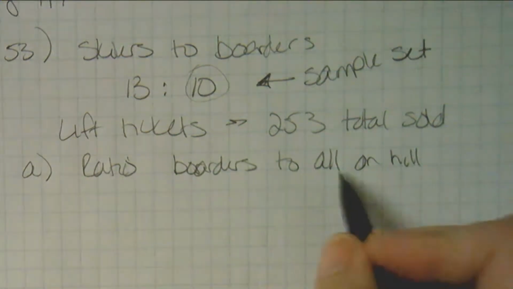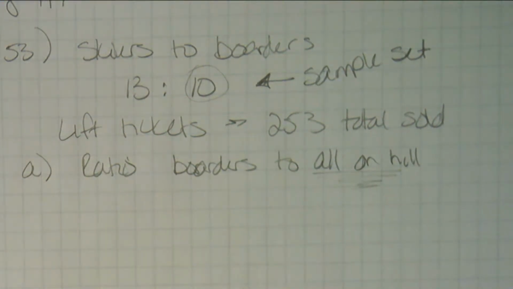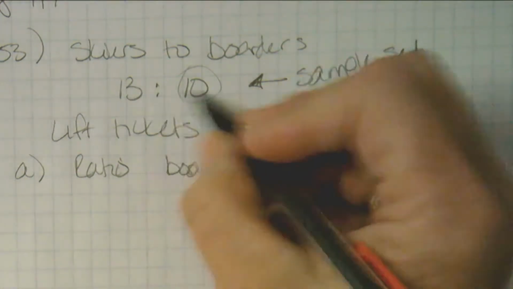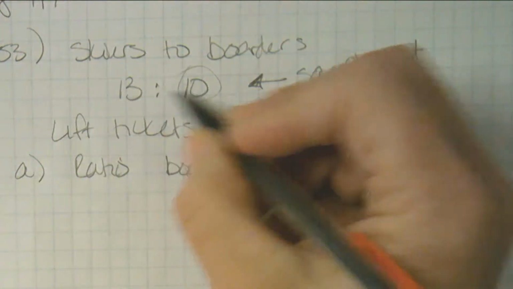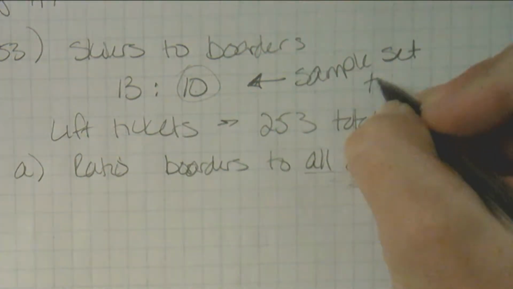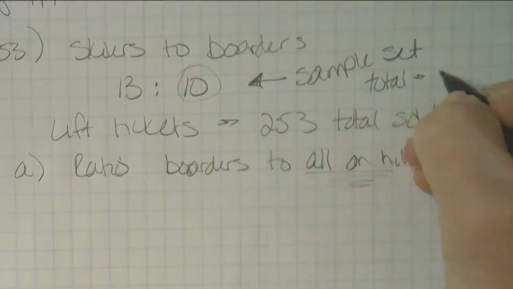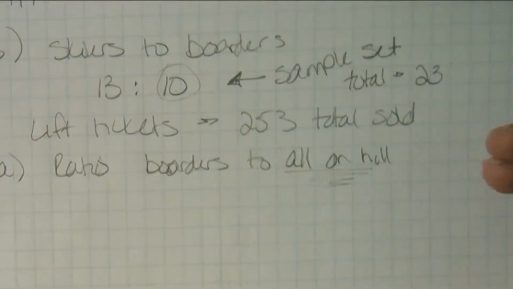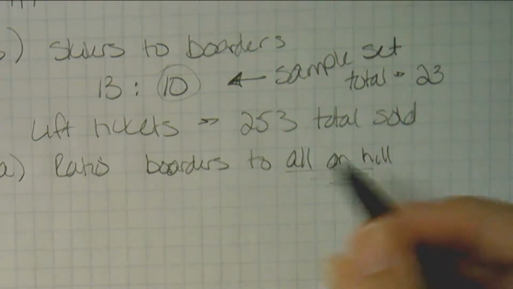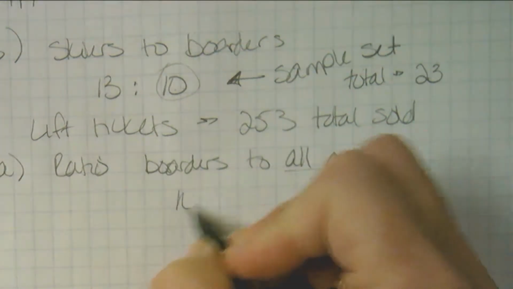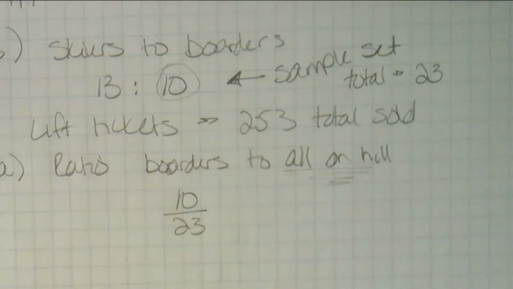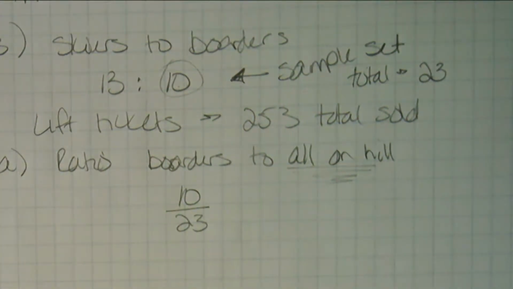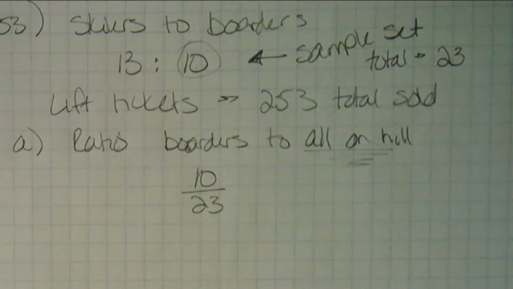Since we want to know the total on the hill, I need to figure out how many there were total in my sample set. So in our sample set, we have a total of 23 skiers and boarders. So my ratio of boarders to all is going to be my 10 to my 23. So that's the first part. Are you cool with that?